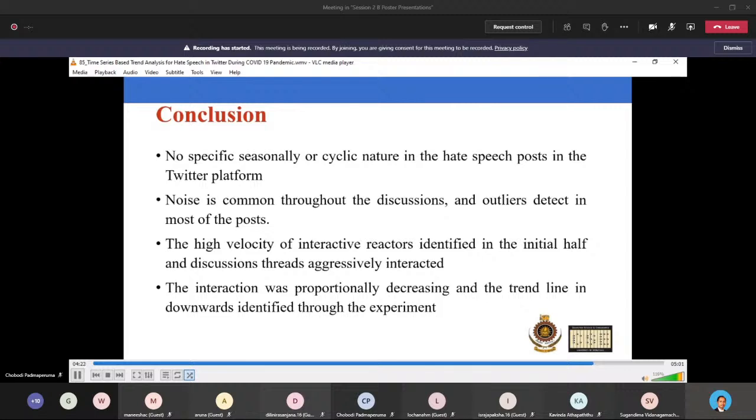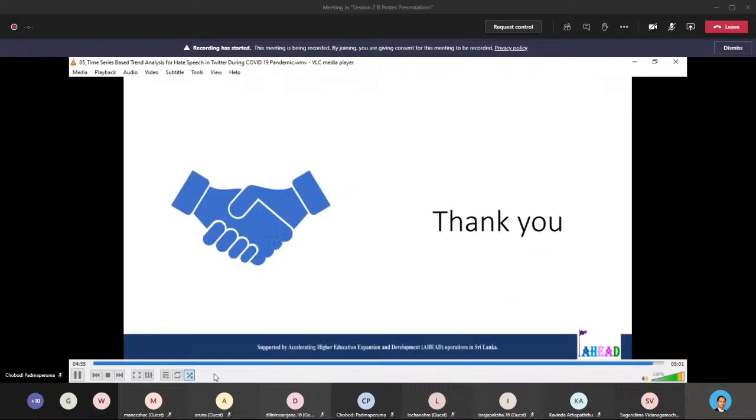Further, noise is common throughout the discussions and outliers are detected in the majority of the cases. Further, a very high velocity of interactions was identified in the initial half and in the latter part it was very low. The interaction proportionally decreased and the trend line is downwards throughout the research project. Finally, I would like to say thank you all of you for engaging with me for this presentation.